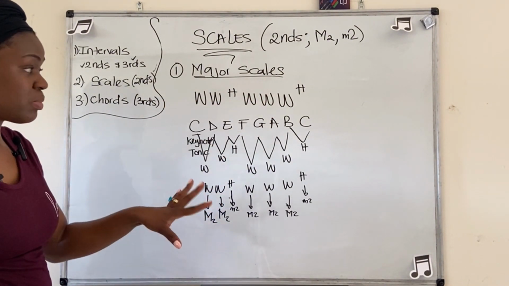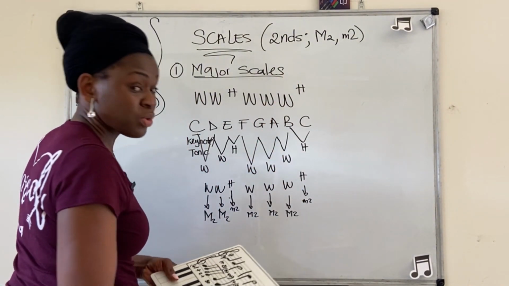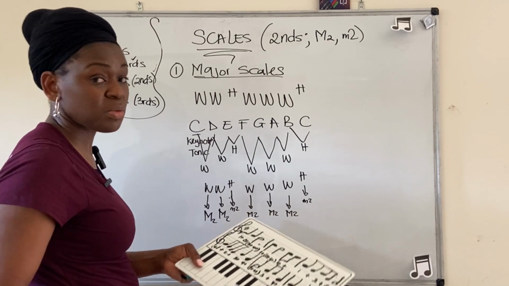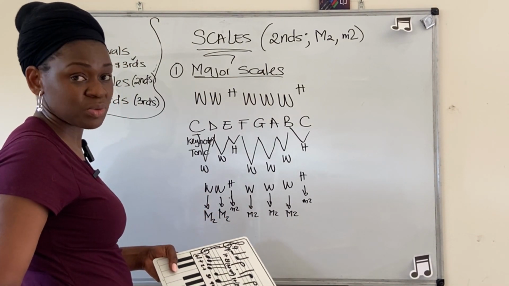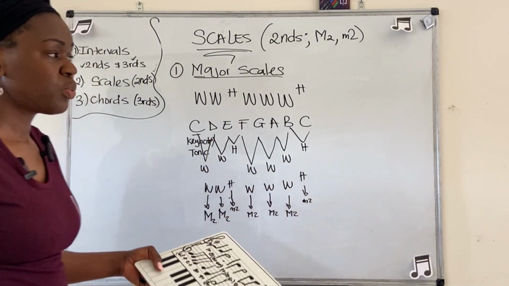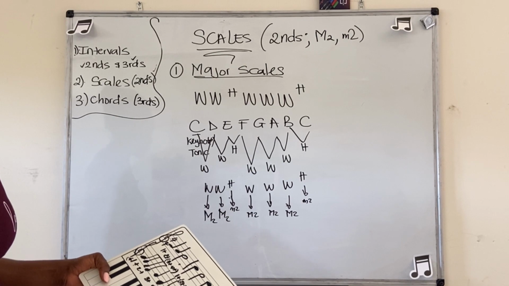Just as an aside, I didn't plan to add this here. I will not get into the minor scale now because it's going to be tricky for beginners. As we progress with our lessons, we'll be able to see how that applies.